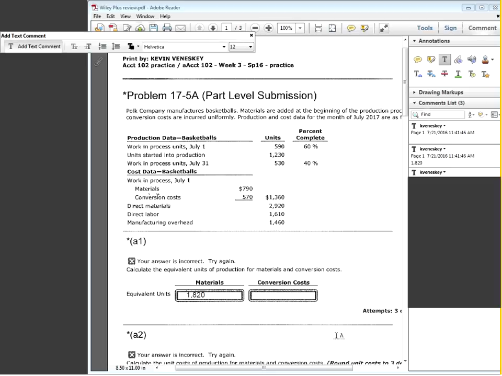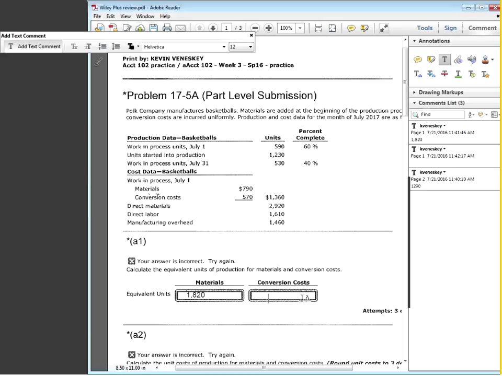So I had 530 units that were 40% done. Equivalently, that's like having 212 items completed in those ending items. Add that to the items that were transferred out, which was 1,290, what we already figured up a few minutes ago. And that's how I get how many equivalent items were done for conversion cost purposes, which would be 1,502.